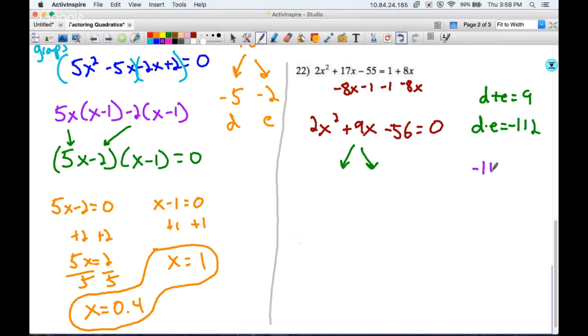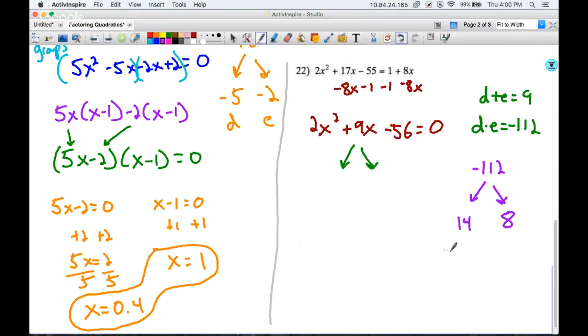So let's just see what are some factors of negative 112. Let's see, these numbers have to be close together, so I'm thinking maybe something in the 20-ish region, so maybe 112 divided by 14. That works out evenly to be 8, but 14 and 8 aren't quite the right distance apart. 112 divided by 16, maybe?